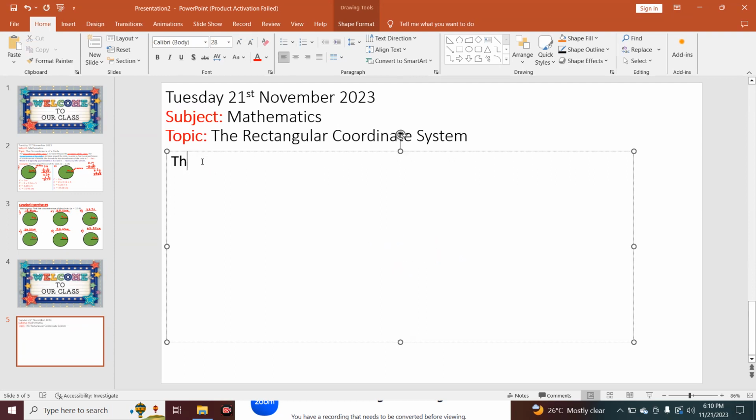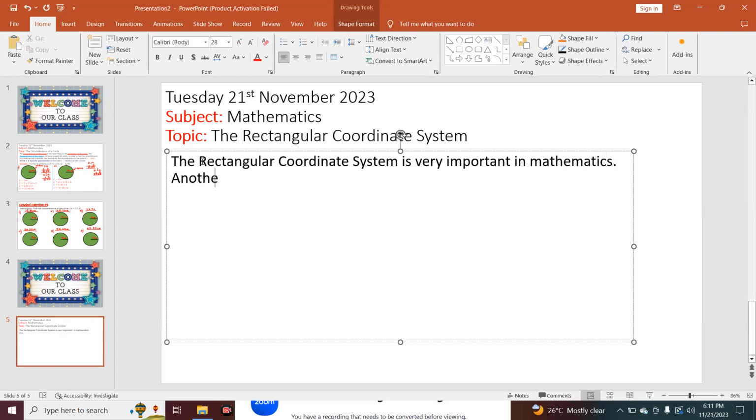So the rectangular coordinate system. Have any of you ever done the rectangular coordinate system before? You probably have done it and don't know. It is very important in mathematics.